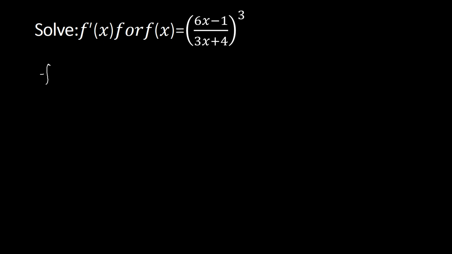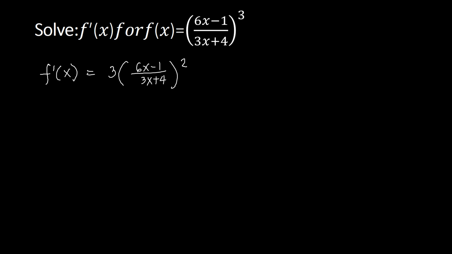So we have f prime of x following the power rule. We put 3 down and then copy the base, 6x minus 1 over 3x plus 4. And on the power, we subtract 1. So 3 minus 1, that's 2.